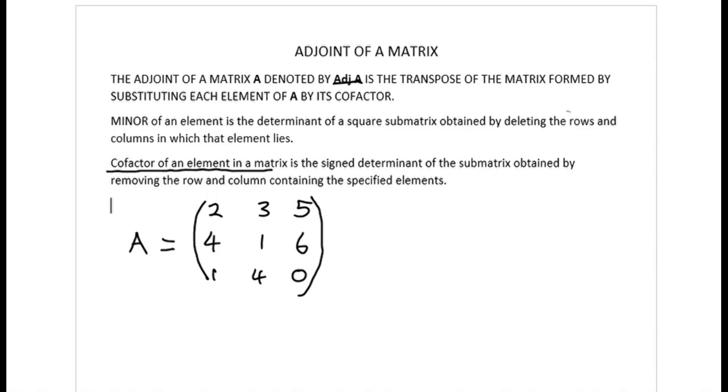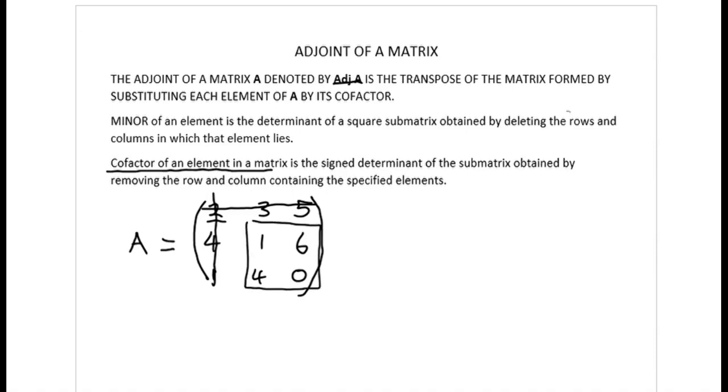Beginning with 2, remember what the definition says. If you want to get the minor, or the cofactor, I'm going to be more specific on cofactors, because that's what will finally give us the result we want in this example. I start with this 2 and delete the entire row and the entire column containing it, so I'm left with this submatrix.